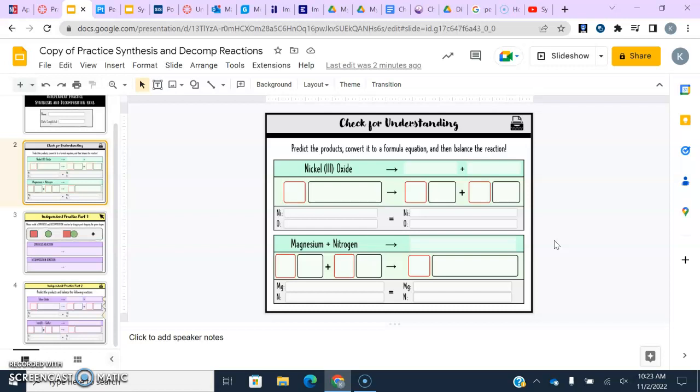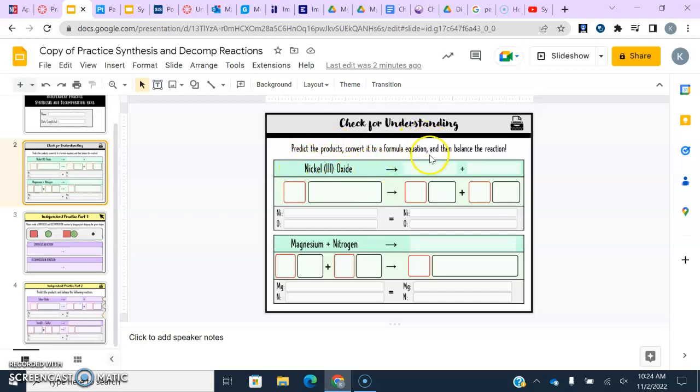Okay, so the first thing I'm going to do is classify my reaction as synthesis or decomp, so I know what I'm doing. Well, here I have nickel 3 oxide, and it's going to yield something plus something else. I know that this is going to be a decomposition reaction because we're starting with a compound, because nickel 3 oxide is an ionic compound.